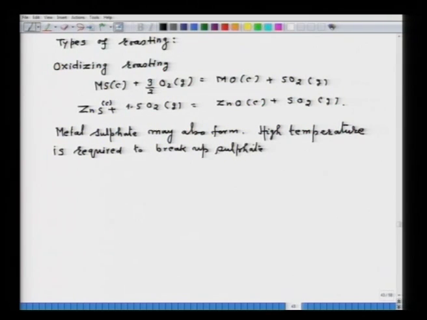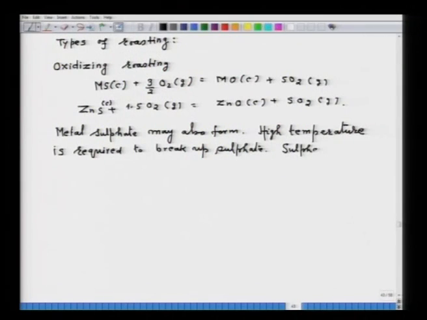Suppose you have supplied a large amount of oxygen, then PbS is converted to PbSO4 in addition to PbO. Whatever amount of lead that has gone to PbSO4 or zinc to ZnSO4 is lost. So, normally you require high temperature to break up the sulphate.